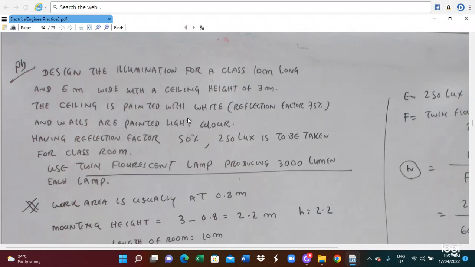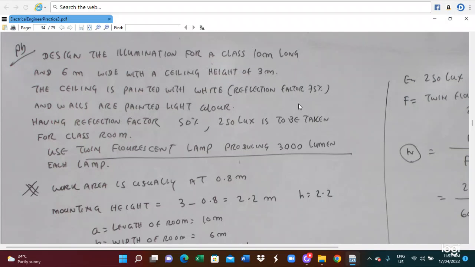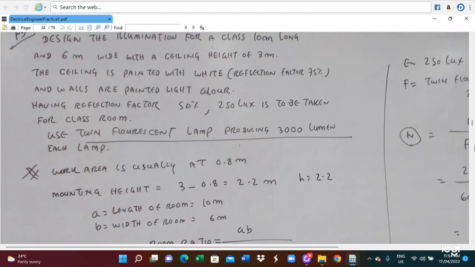The ceiling is painted white, so in this case the reflection factor is 75%. The walls are painted with a color having a reflection factor of 50%. 250 lux is to be taken, so for the classroom you have to provide 250 lux. This is the standard illumination for a classroom.